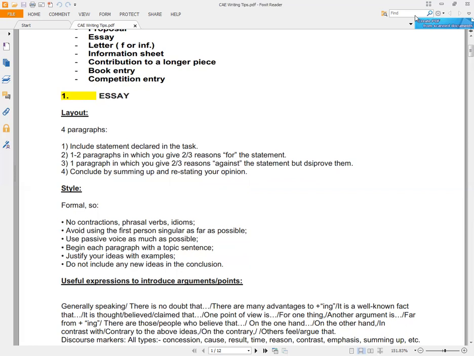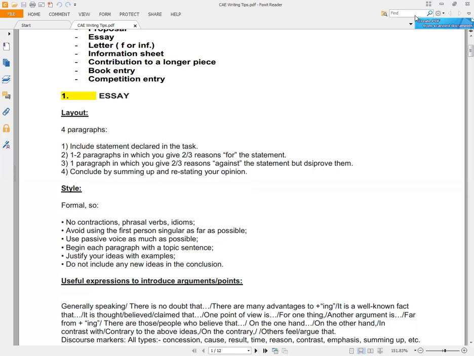In paragraph 3, you must have 1 paragraph in which you give 2 or 3 reasons against the statement but disprove them. For an example, if you have a 2-side essay, you must have 4 paragraphs. An introduction, and the second paragraph must be reasons because you are for that statement, you agree with that statement, and so on.